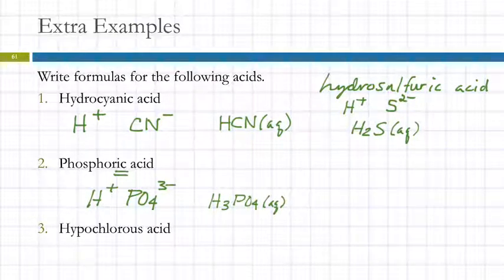Hypochlorous acid, oxyacid or other kind? Oxyacid. Hypo and hydro are similar, but they're different. This is hypo. So it's an oxyacid. Us changes to what? Ite. So this is from hypochlorite.